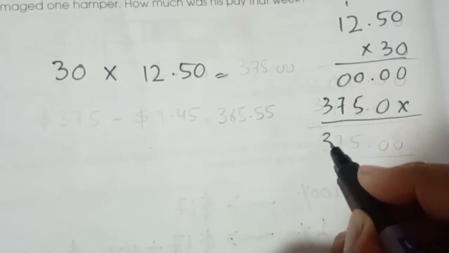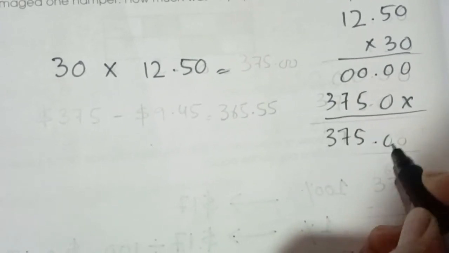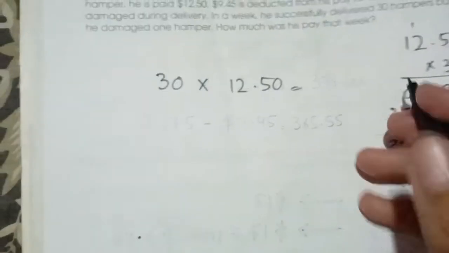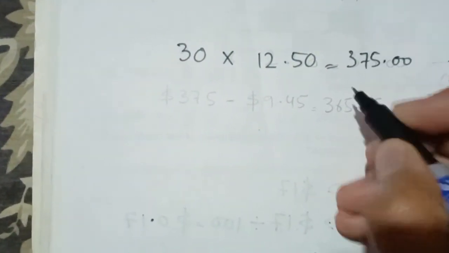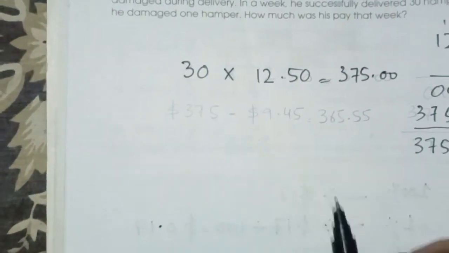So the answer is 375.00. It means he gets $375 for 30 hampers.